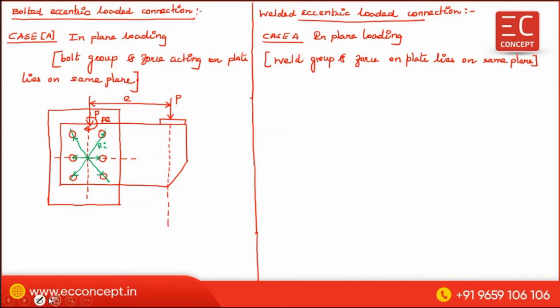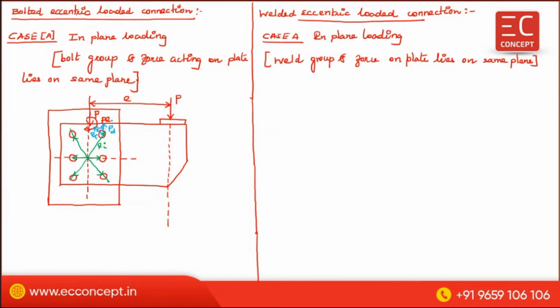The resistant force will be developed due to these two forces. One is the direct load PD, another is a twisting moment PT. These two are developed, which is acting by a theta.